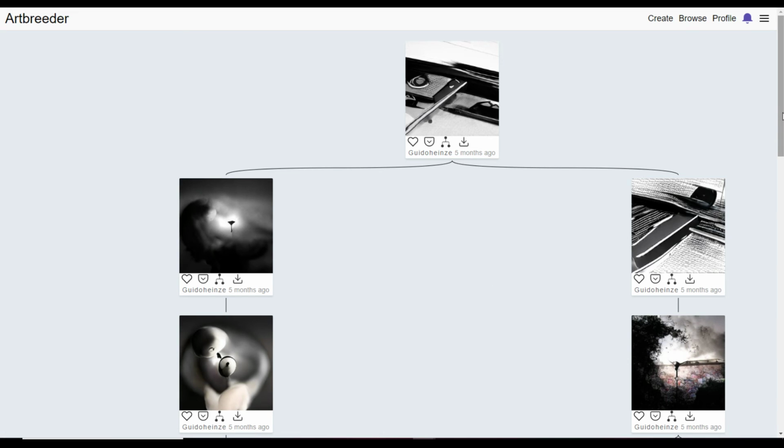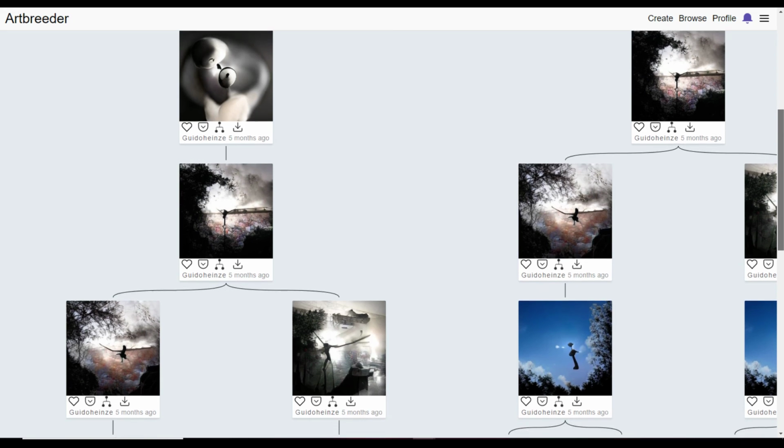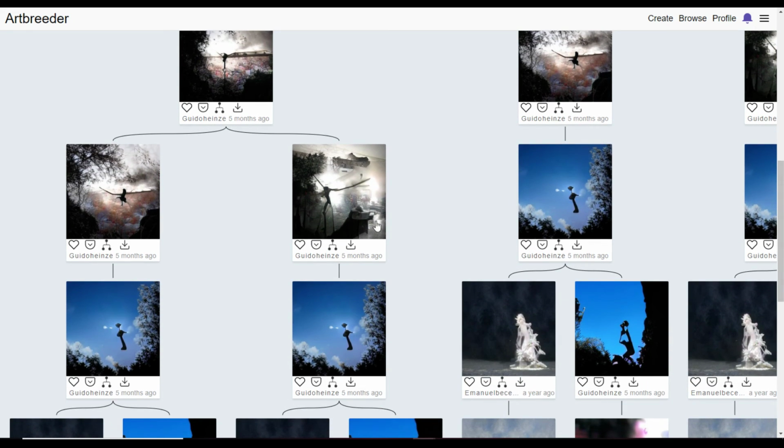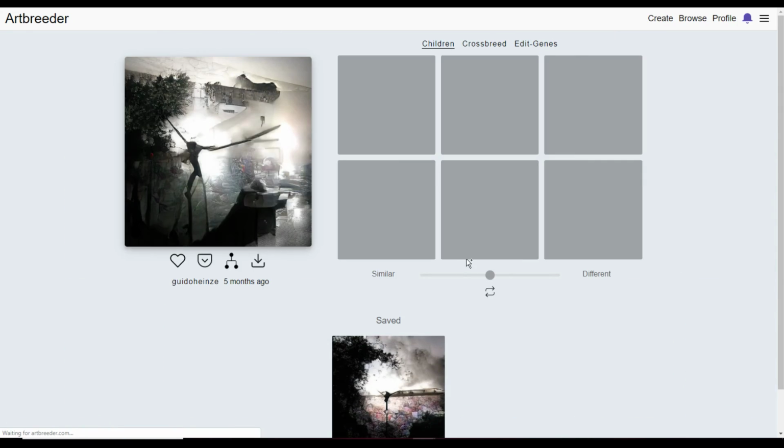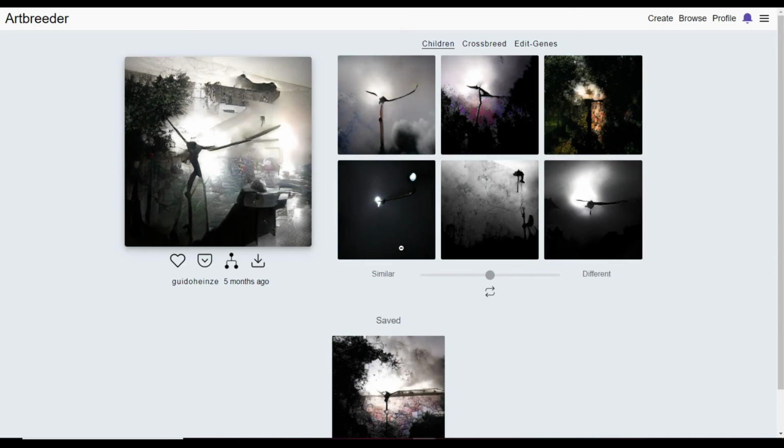Yeah, okay, so if you want to follow a picture all the way back, wow, look at this. I really like this sort of skeletal, insectoid skeletal figure here. And if you see this as the background, like some bridge, maybe, I don't know.